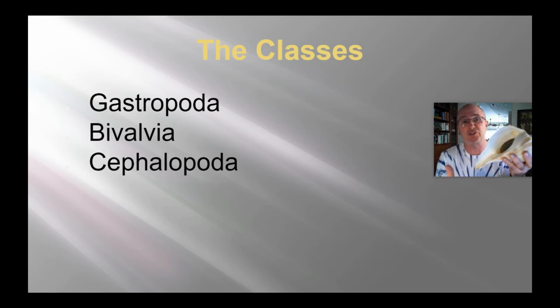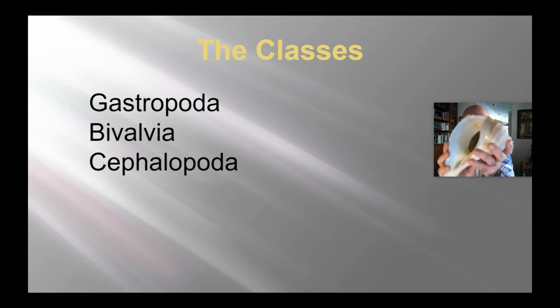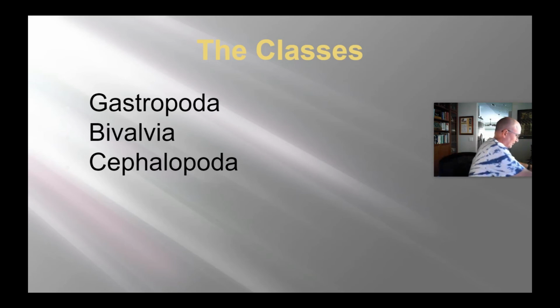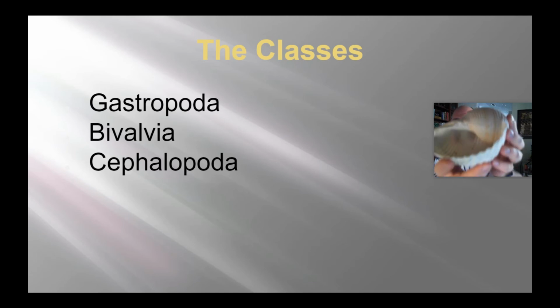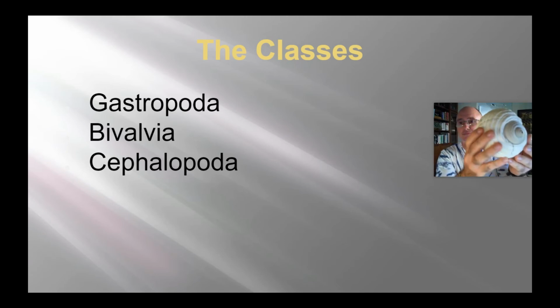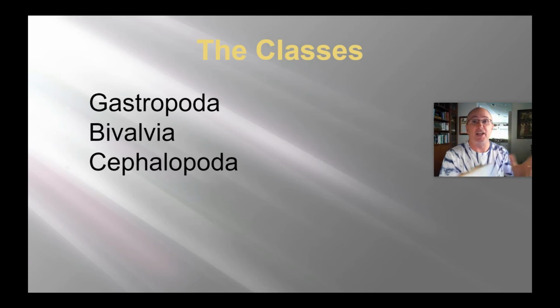There are members of this group that have no shell, and that would be like the slugs. So gastropod is one shell. Here's an example of one, and here is another example. All right, so that's Gastropoda.